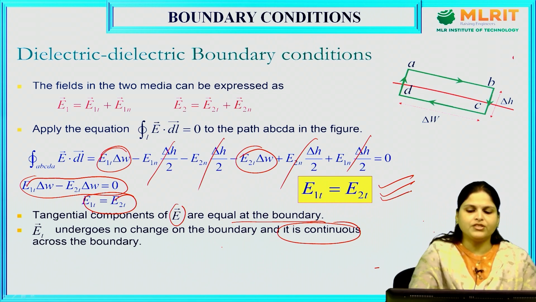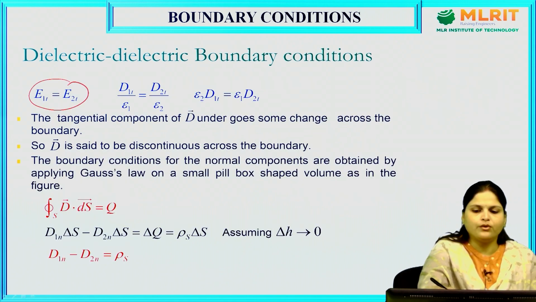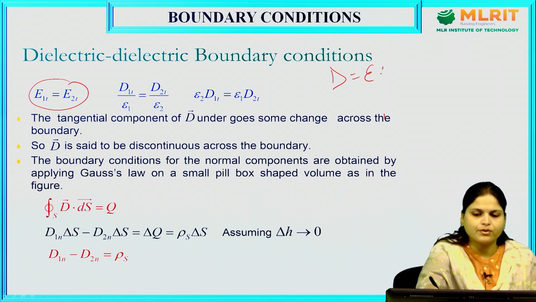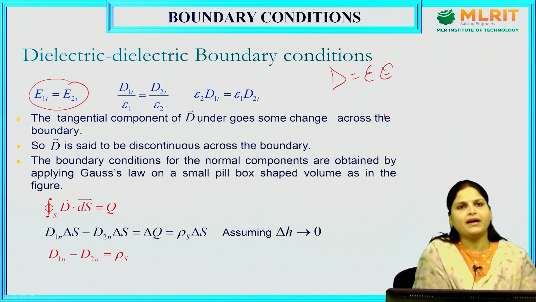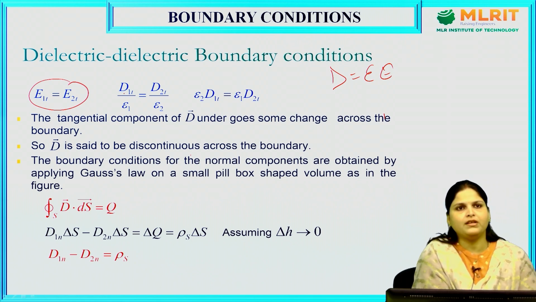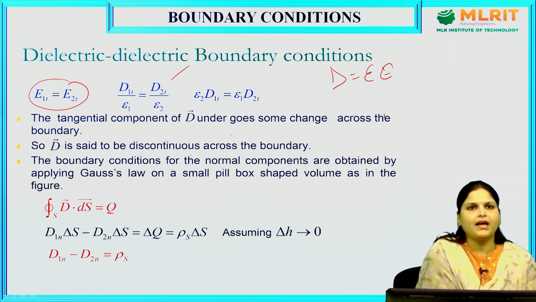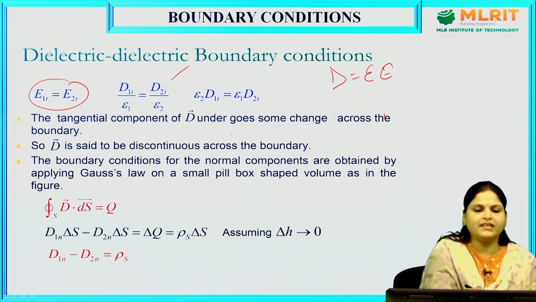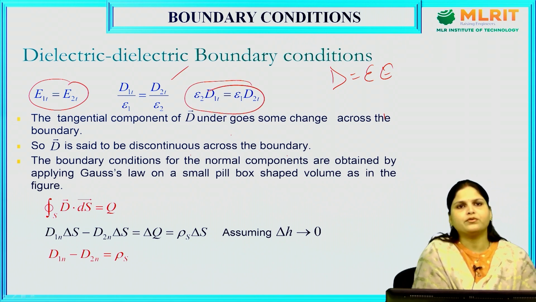So tangential components of the fields are continuous across the boundary, and as we know, D equals epsilon E. So in place of E we can write D by epsilon. For E1t it can be written as D1t by epsilon 1 equals, for E2t, D2t by epsilon 2. So basically this becomes epsilon 2 D1t equals epsilon 1 D2t.